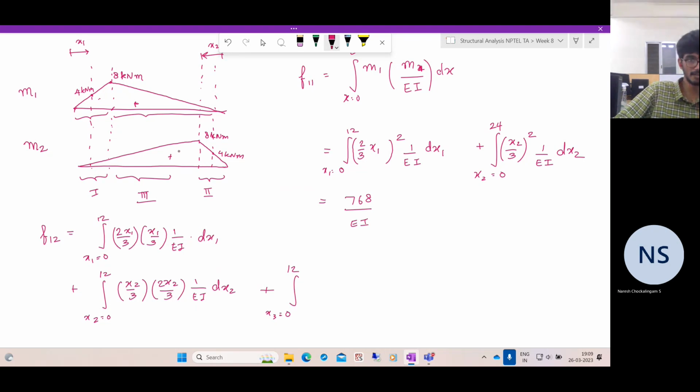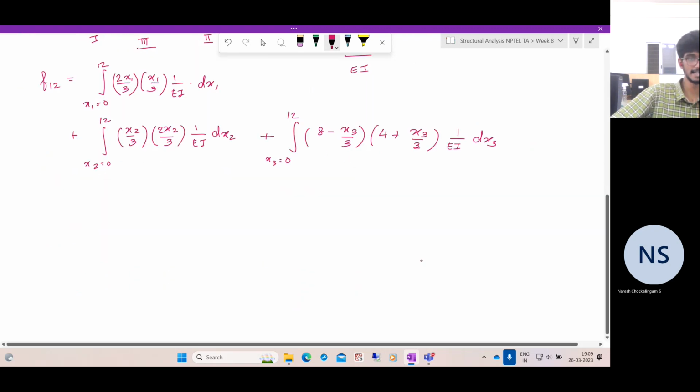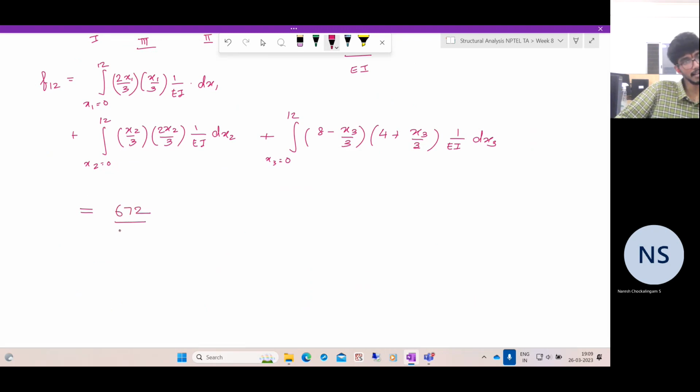The first function is decreasing from 8 to 4, so M1 is 8 minus x3 by 3 and M2 is 4 plus. So all of these are quadratic functions. You can directly integrate them, and the answer that we get will be 672 by EI.